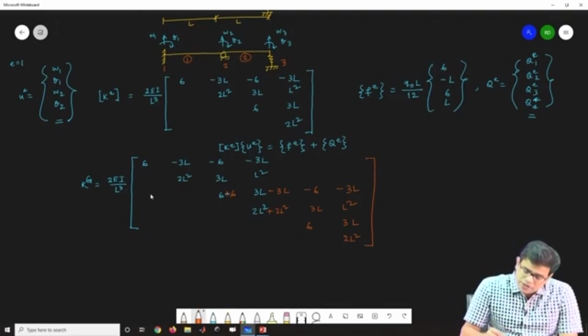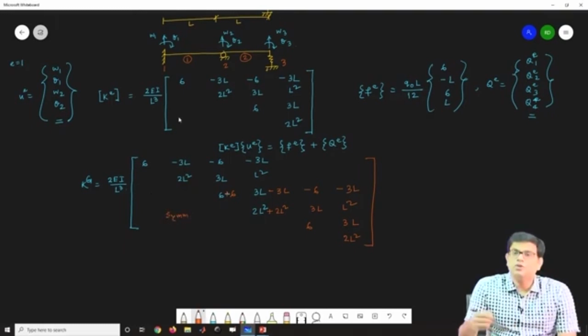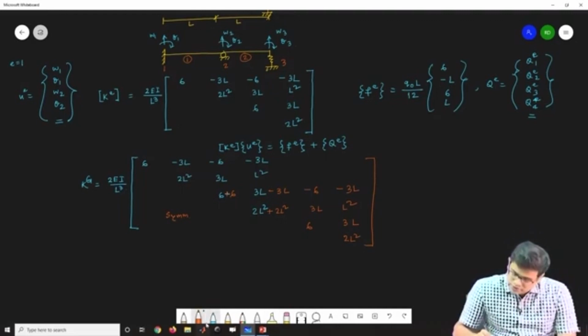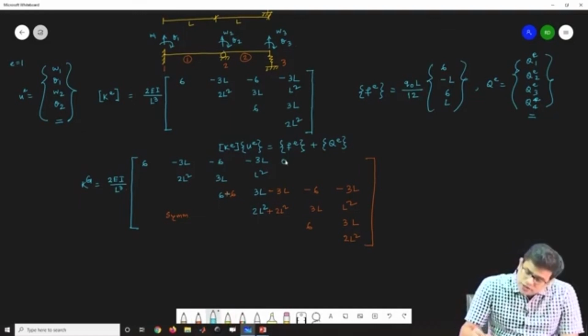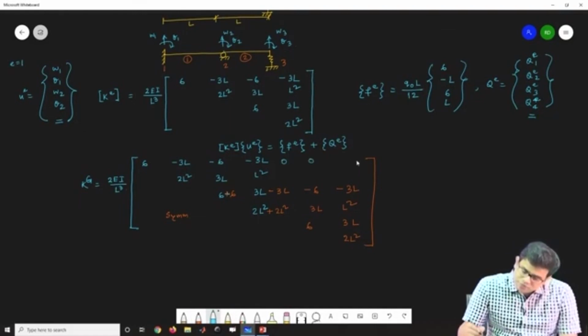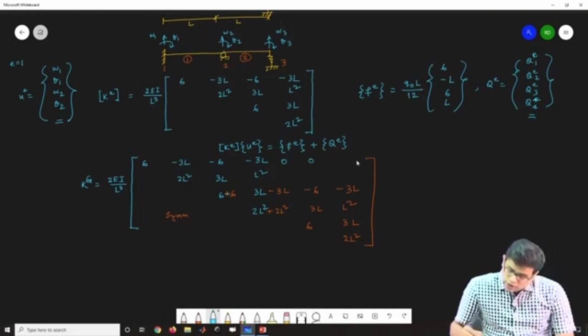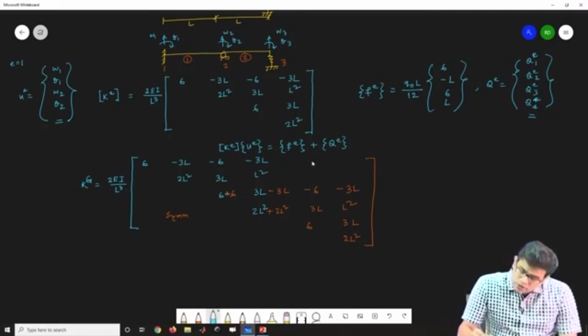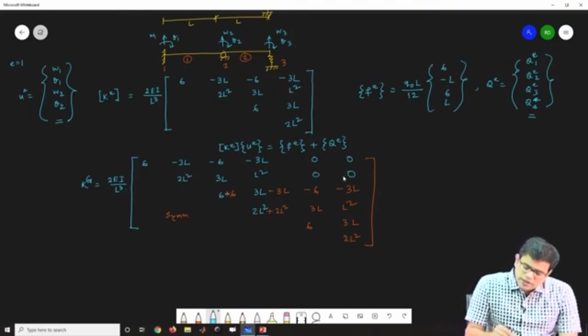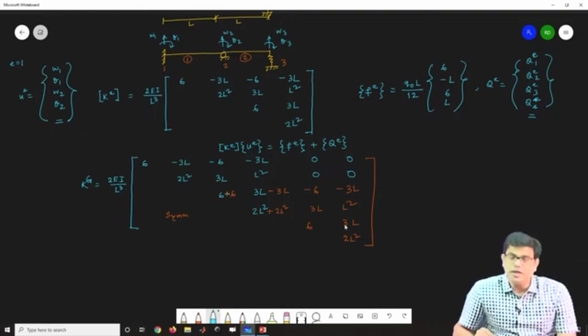If you look at the other terms, this is a symmetric matrix because the assembling of two symmetric matrices is essentially symmetric. So now I can put these zeros because these quantities are essentially zeros. Yeah, so this is 0 and this is also 0. So you can observe the banded structure of the finite element assembling here.